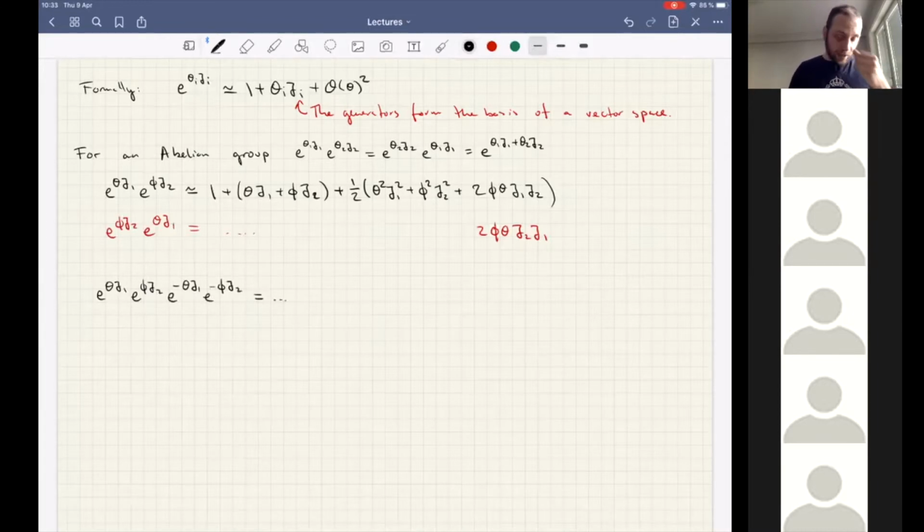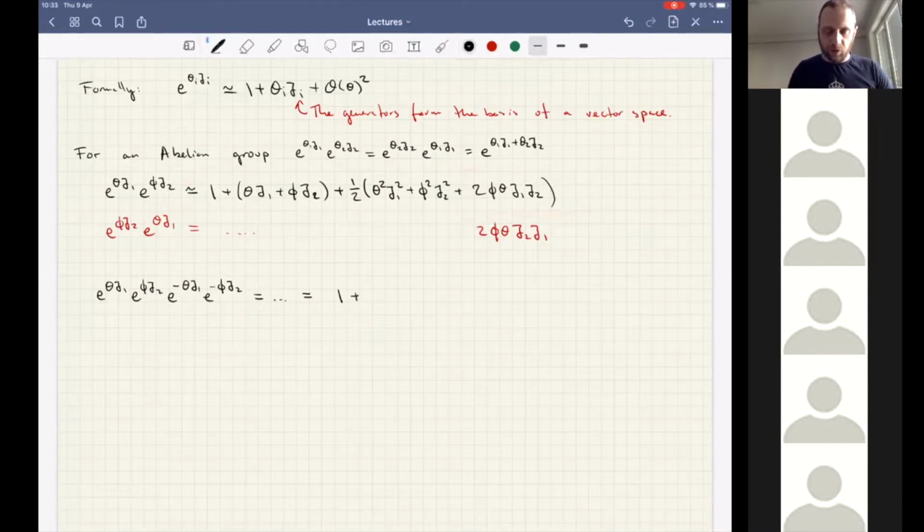And then when I do this, this same thing, I keep all terms up to 2nd order in theta and phi. I will get 1. The linear terms are going to cancel between them, because we saw that the linear terms in those two are going to be the same.